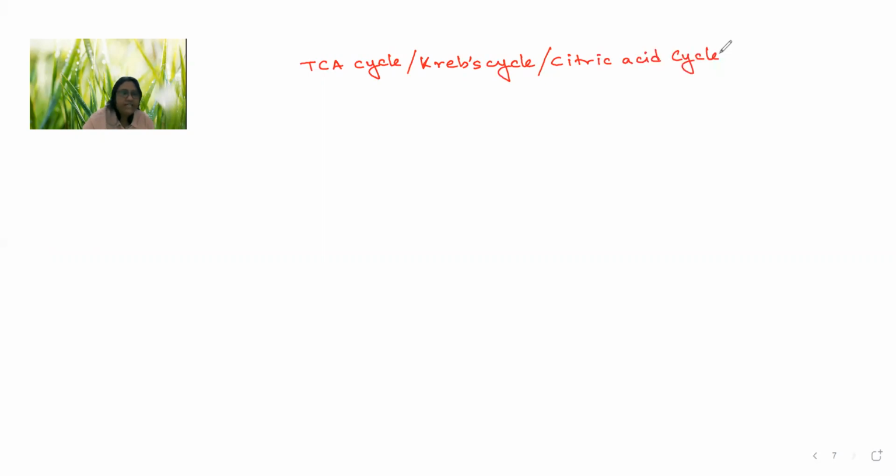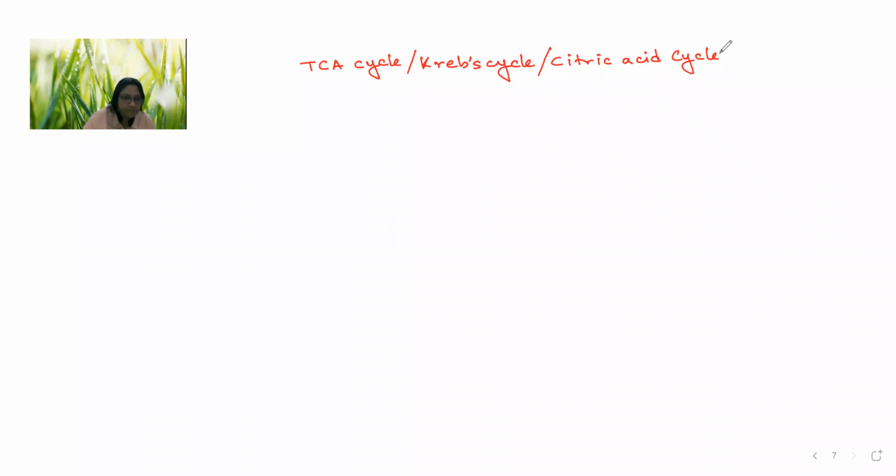It is called the TCA cycle or tricarboxylic acid cycle because the products of this cycle in each step are all acids, and they mostly have 3 carboxylic acid groups present in them. That's why we call it the tricarboxylic acid cycle. Krebs cycle, as I said, is named after Hans Krebs.